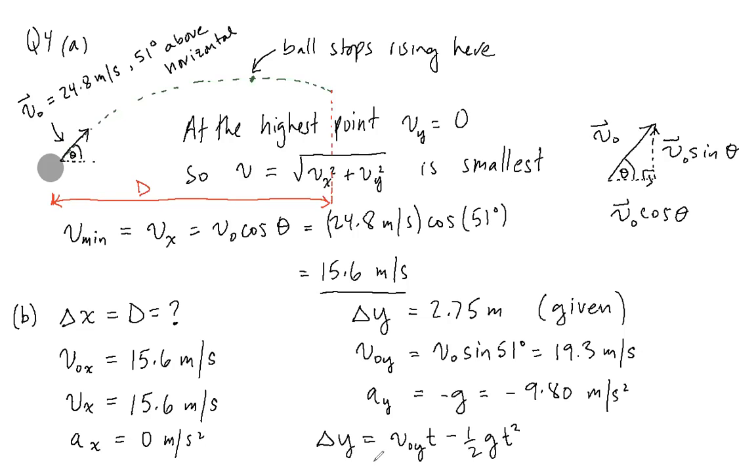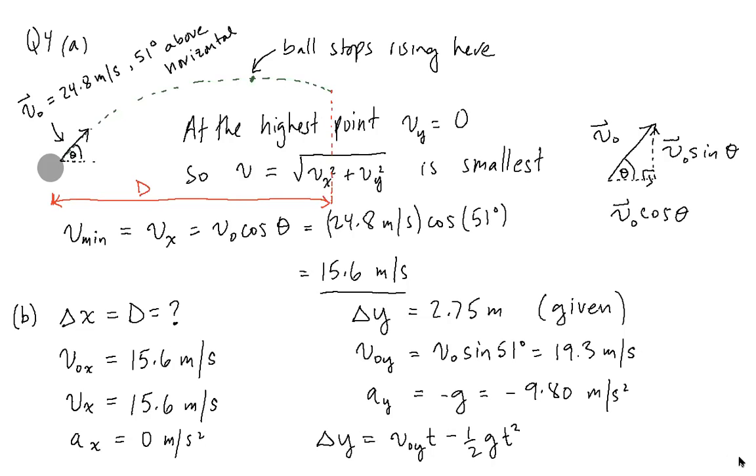So we'll put in 2.75 meters, then solve for the time. We're going to be solving a quadratic, so we're going to use the quadratic formula, and we have to, because delta y is not 0. Delta y is 2.75 meters. It's up there.